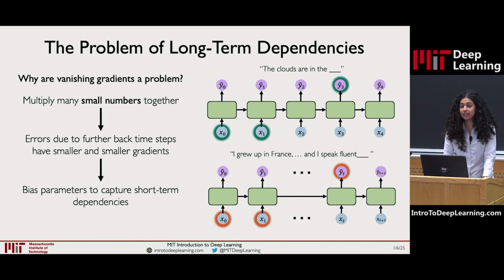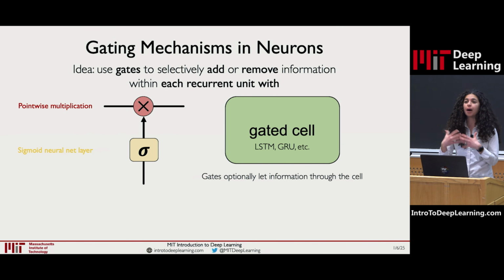And so in the literature and in the sequence modeling community, there's been a lot of active research to come up with improved architectures based on the RNN to try to solve this problem.